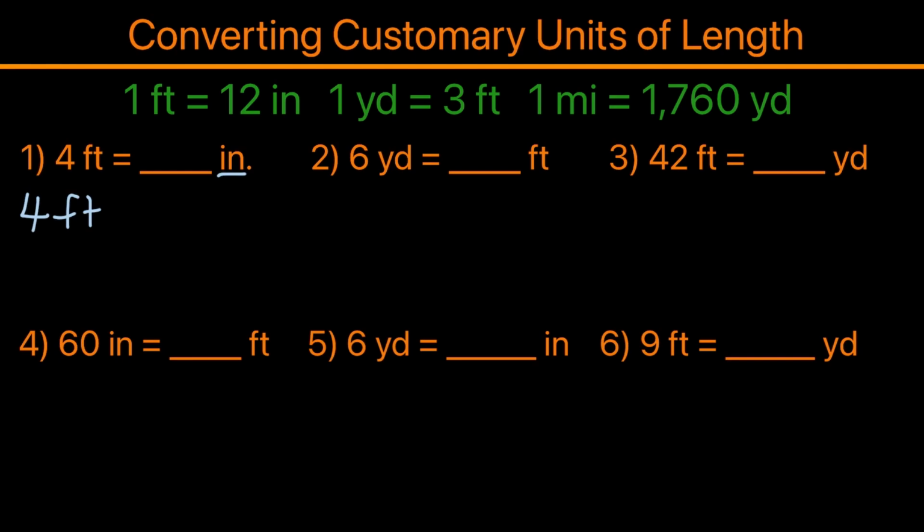So for feet to convert to inches, we will need to use this one. And so we will multiply it with the fraction of 1 foot equals 12 inches. So what happened here is the feet will cancel out and we'll be left with inches.